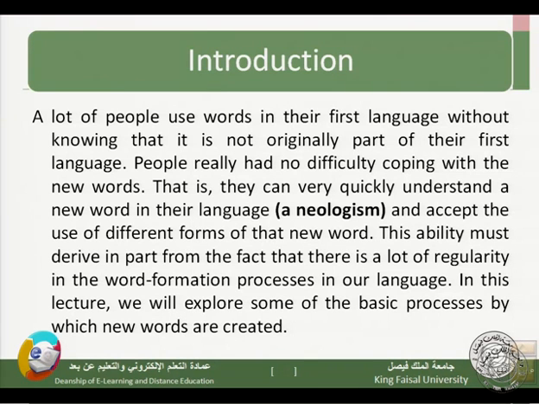For example, if it is a verb, we start using that verb with the singular, the plural, the feminine, the masculine, without any difficulty. So certainly there are some rules and regulations in the word formation processes in our language. In this lecture, we will explore some of the basic processes by which new words are created.